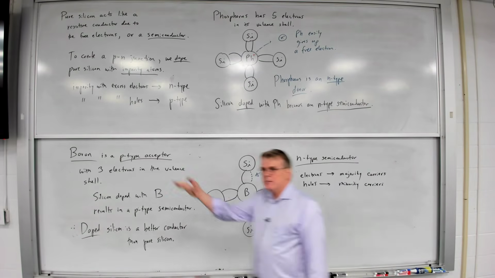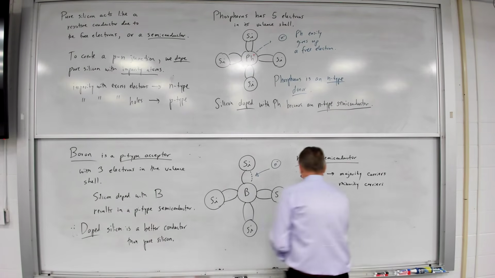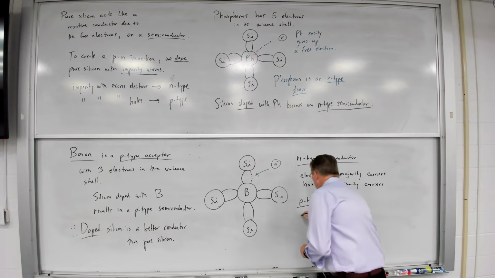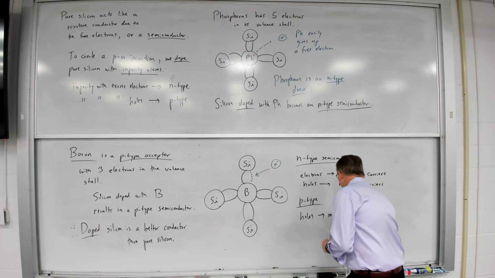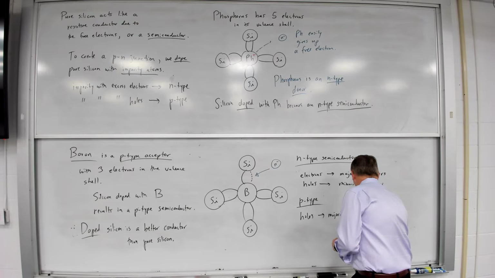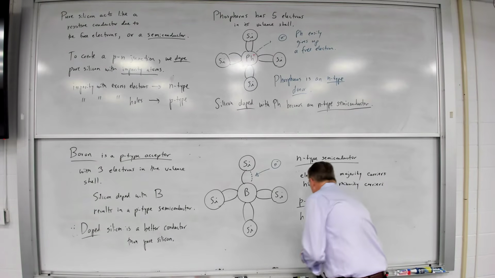Now for a P-type semiconductor, as you might guess, that's reversed. Holes are the majority carrier. Electrons are the minority carrier.